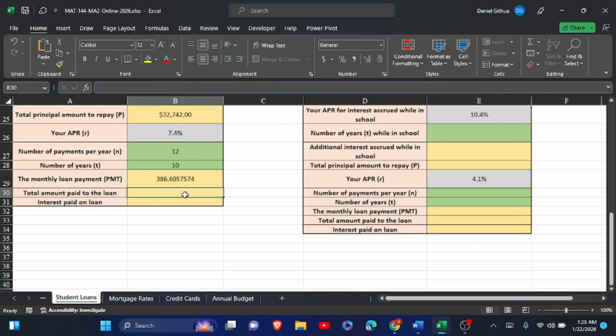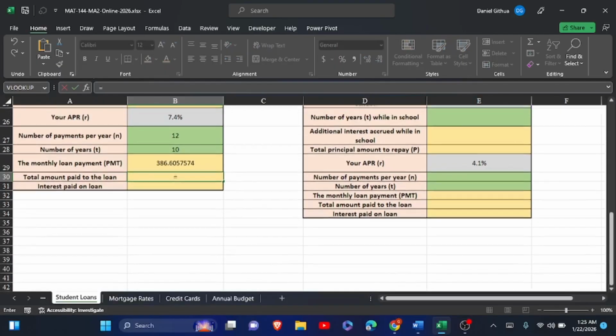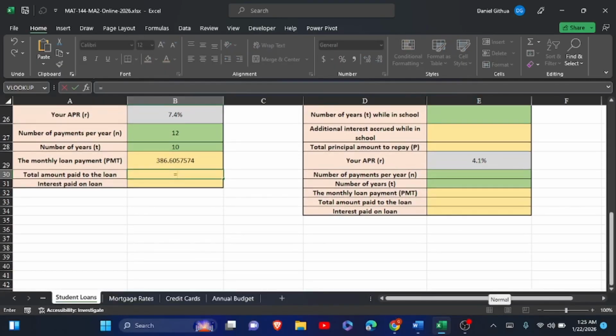Then the next part is to find the total amount of loan paid. This will be given by equal sign, then we multiply the PMT times the number of years times the number of payments, and that's our total amount paid on the loan.